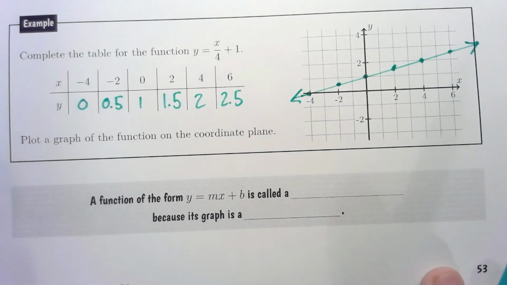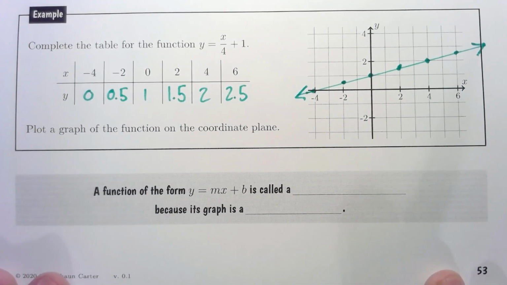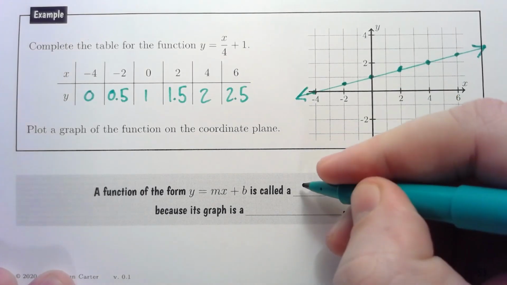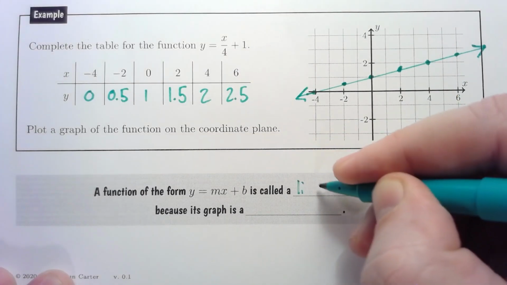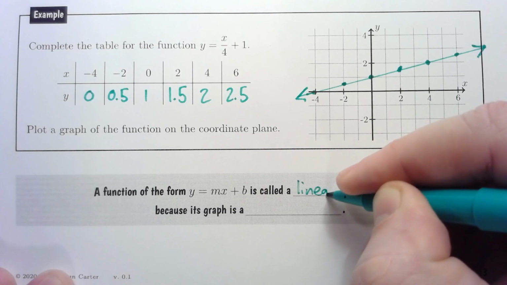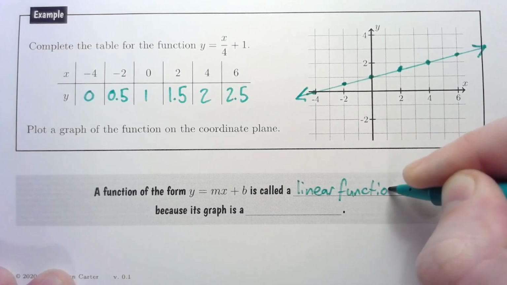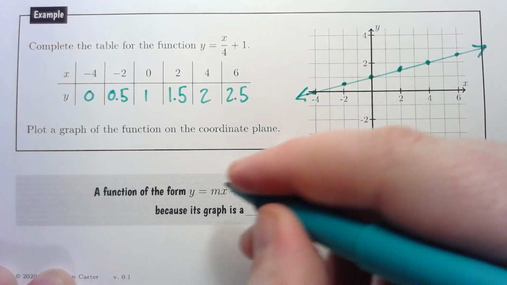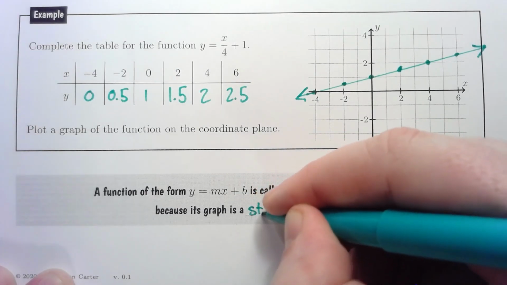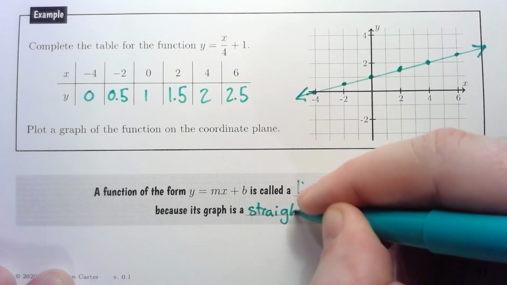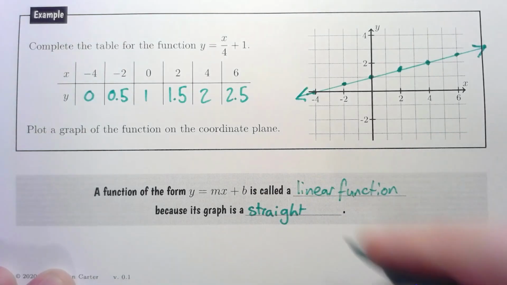And you've probably figured this out already, but we call these functions linear functions. So this is a linear function. And by graphing them, you've probably figured out why. It's because the graph is a straight line.